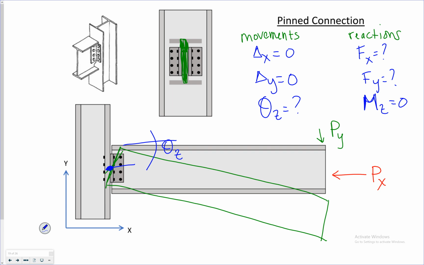So a pin connection versus a roller, you have one more constraint in the horizontal direction. The roller only had the constraint in the vertical direction. Now you have constraint in the X and Y direction, so you have reactions in those two, but you don't constrain any rotation. So there's no moment preventing that rotation.